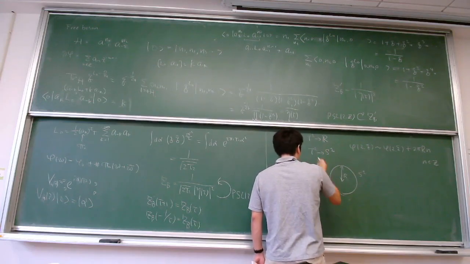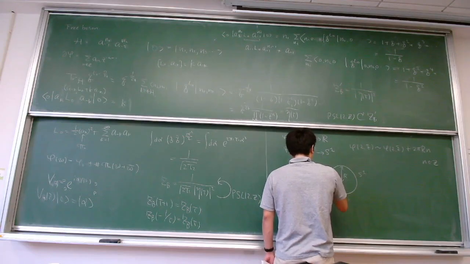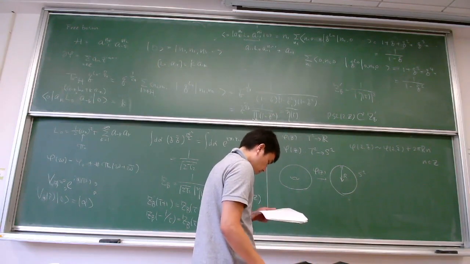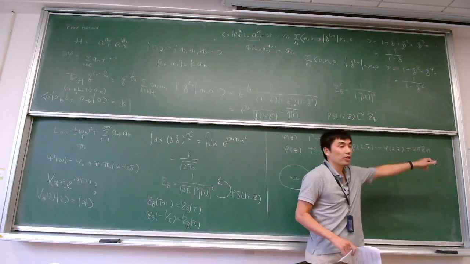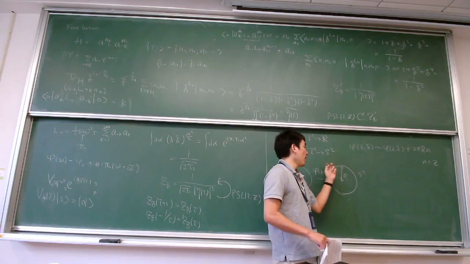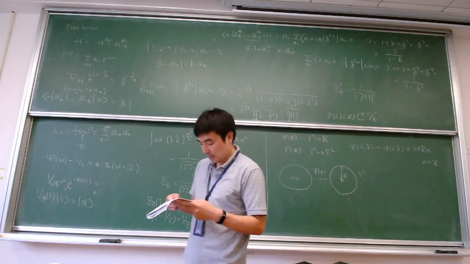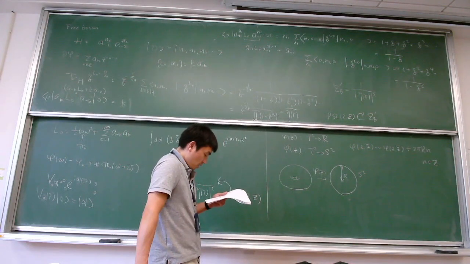Now we impose the condition that phi is identified under shifts by 2 pi n, a periodic condition for any integer n.